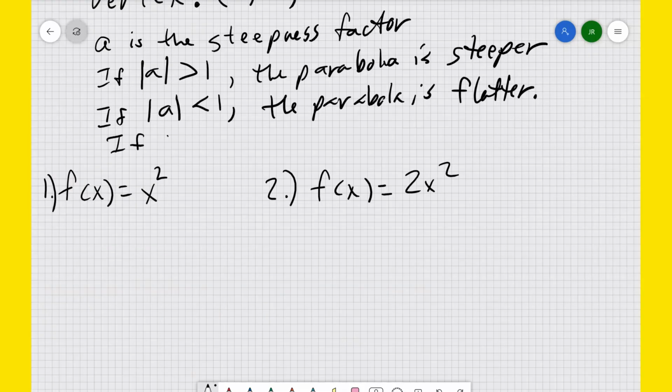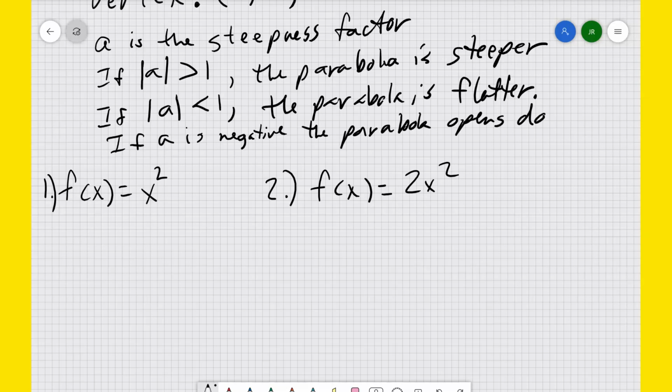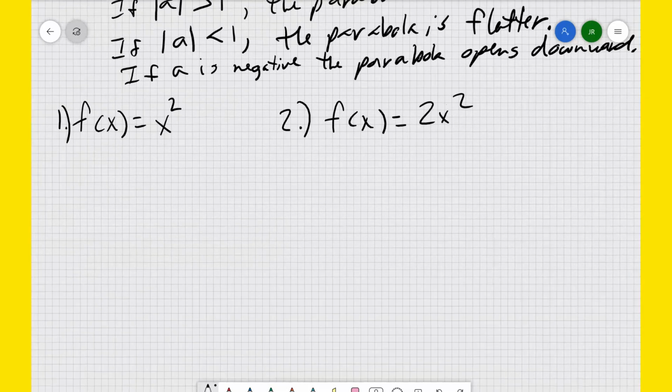If a is negative, the parabola opens downward. I should say that too. All right, so let's try these two.